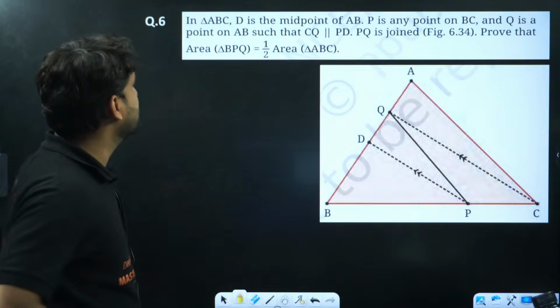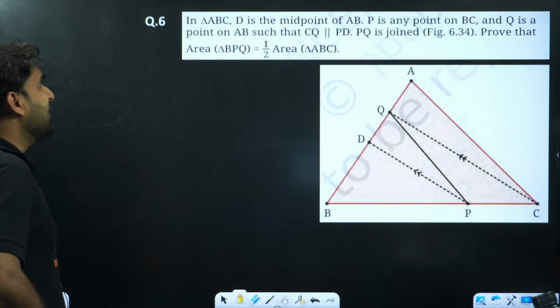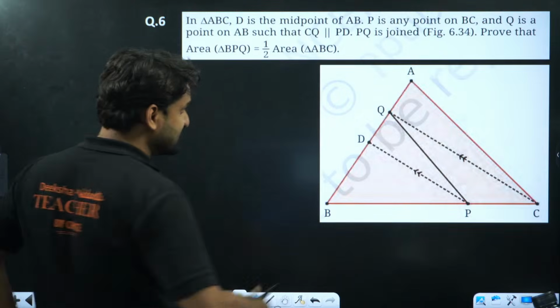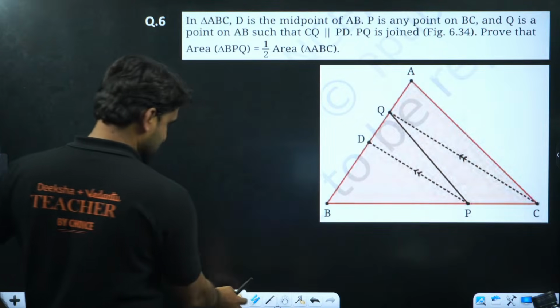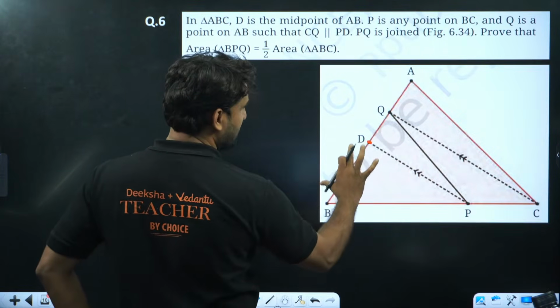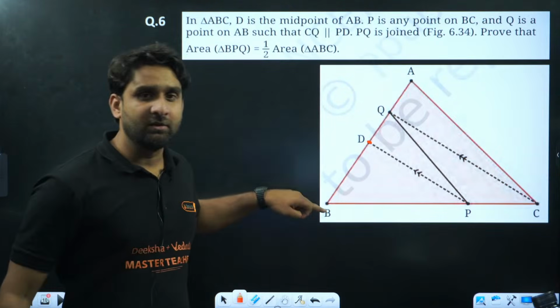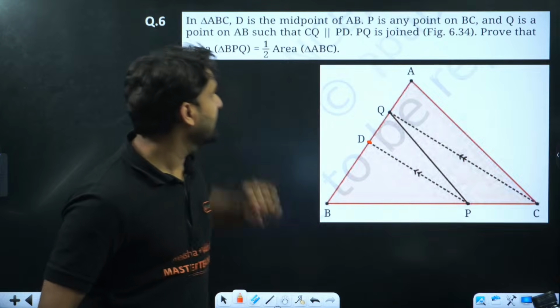Okay, look at the question. In the triangle ABC, D is the midpoint. This is the midpoint, guys. It means that BD will be equal to AD. If D is the midpoint of AB, BD will be equal to DA.